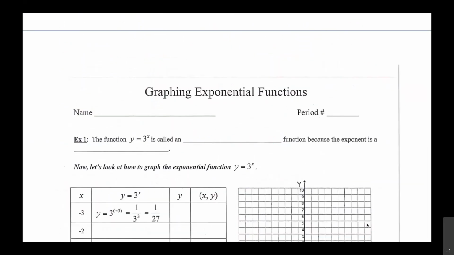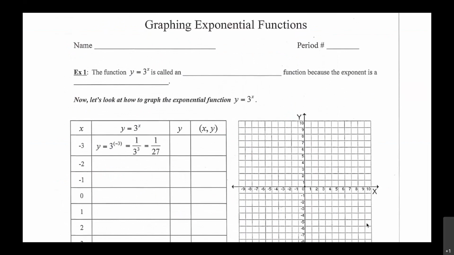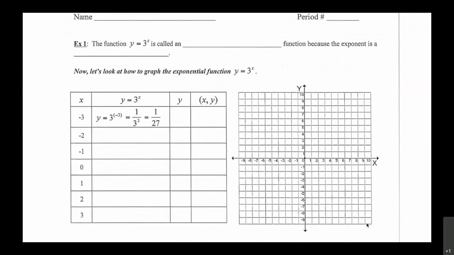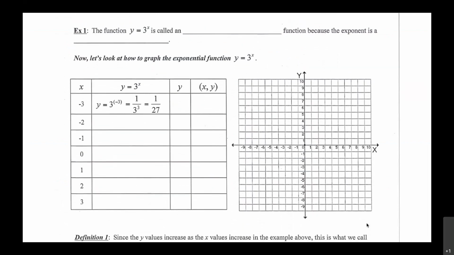So now, if we go to the other sheet that I handed out to you, we're going to get into the specifics of graphing exponential functions. Example number 1 says the function y equals 3 to the x.